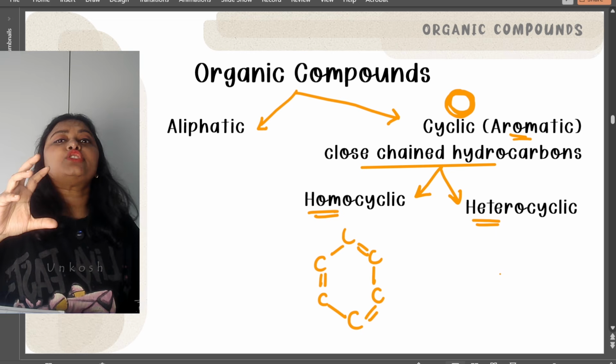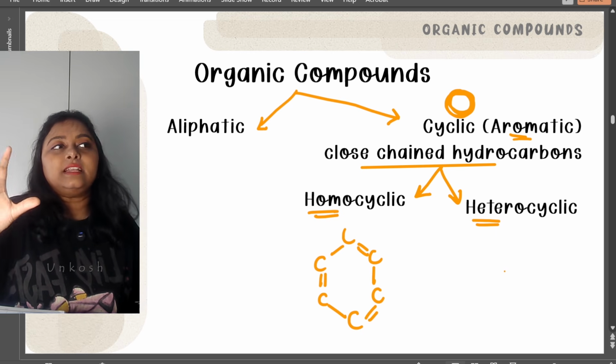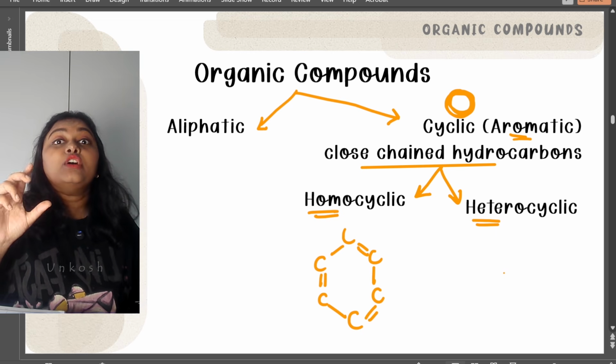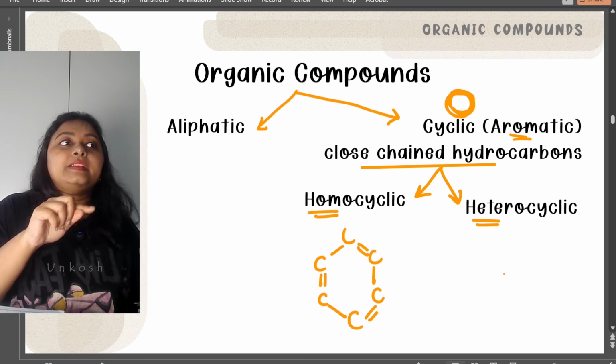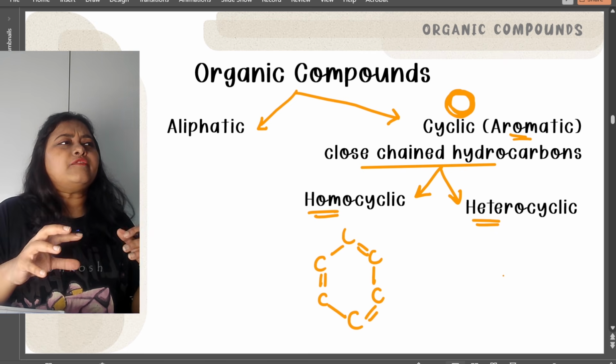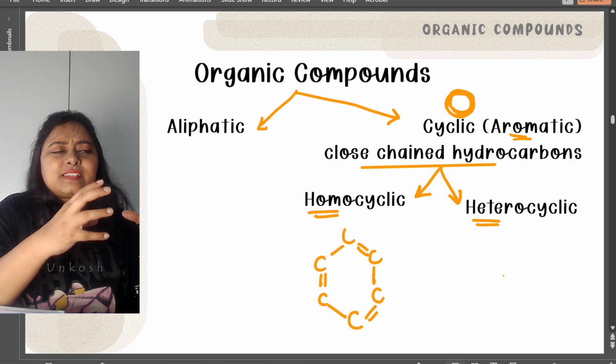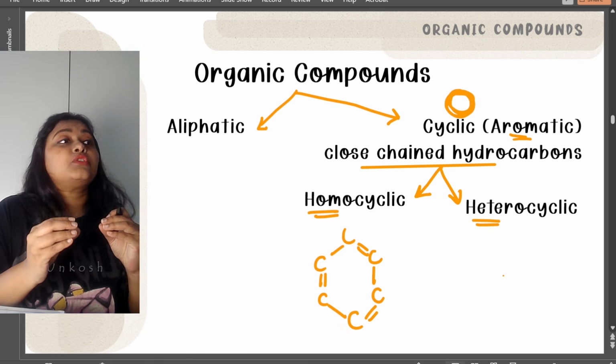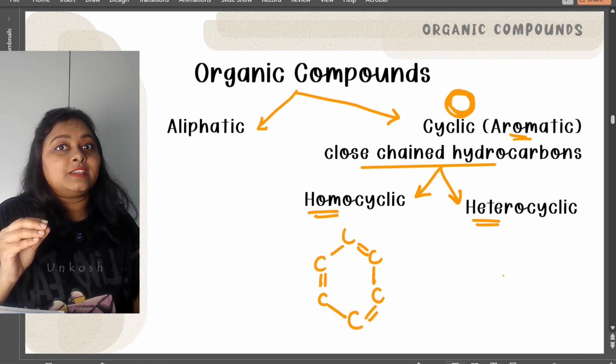So it's not just about carbon. Heterocyclic organic compounds would have more than one element within the ring. Now you don't have to worry about all its structures and examples because that is not a part of the syllabus in detail.